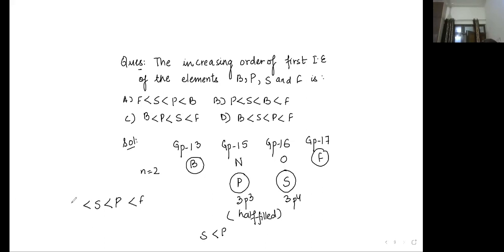Now, why does boron have the lowest ionization energy? The reason is that its configuration is 2s2 2p1. If boron removes one electron, its configuration becomes fully filled, which is a stable state.